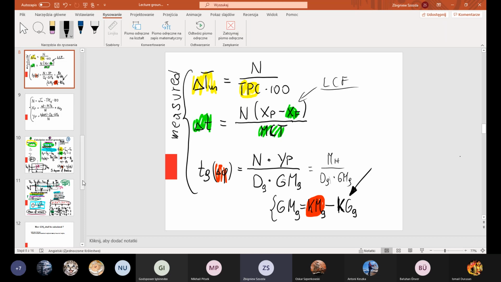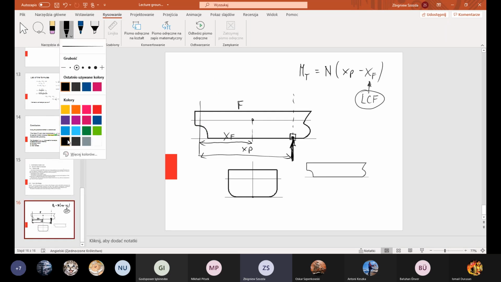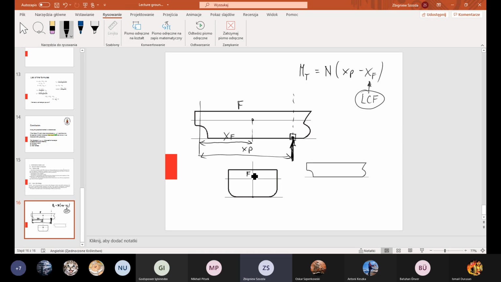And it seems to me the drawing that shows the third formula may be like that. Here is center of flotation, here is YP, point of action of our force, line of action, and the force is N.